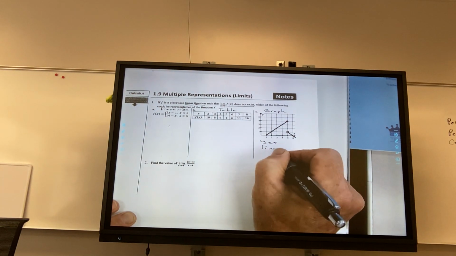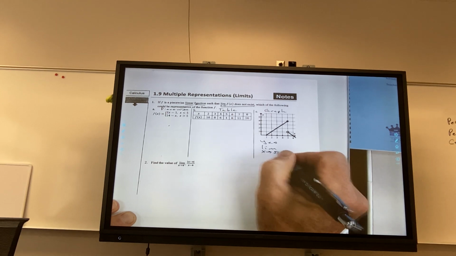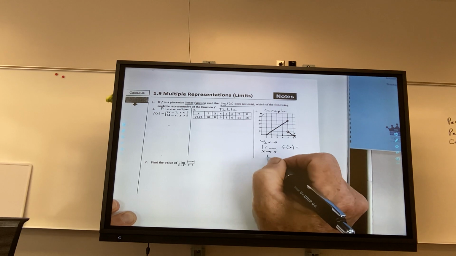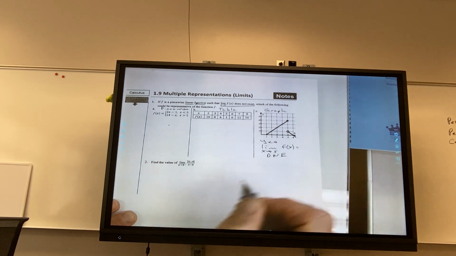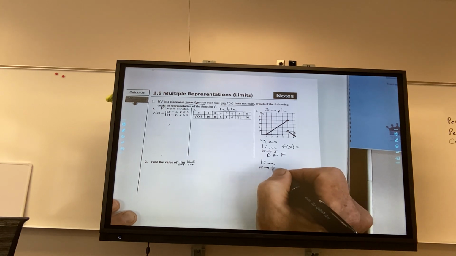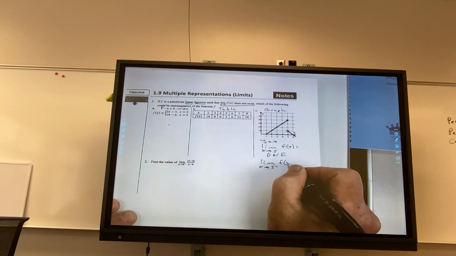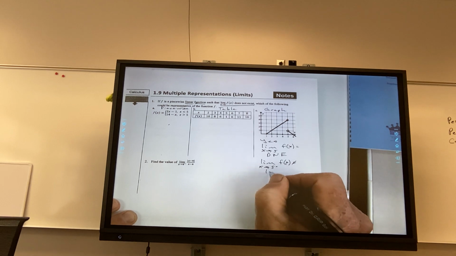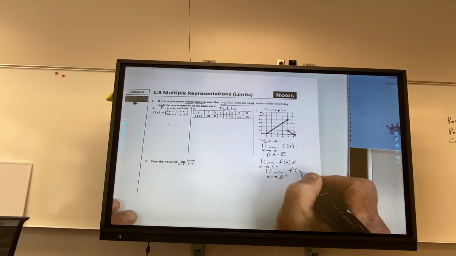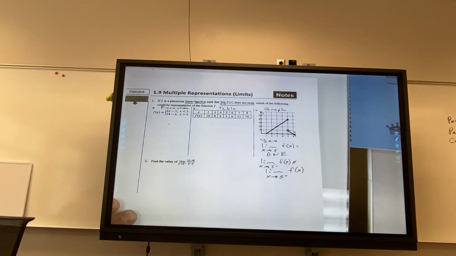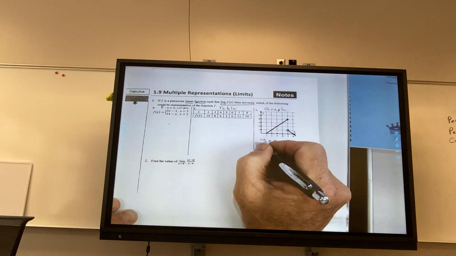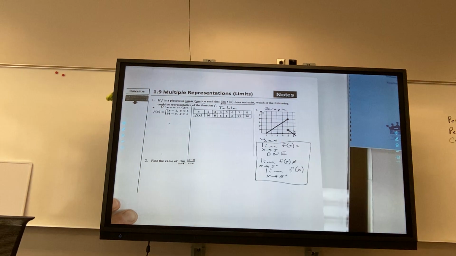The limit as x approaches 5 of f of x does not exist. The limit as x approaches 5 from the left of f is not equal to the limit as x approaches 5 from the right of f of x. Now, why did I put this in here? They do not ask you to justify, but if they did ask you to justify, that's my justification.